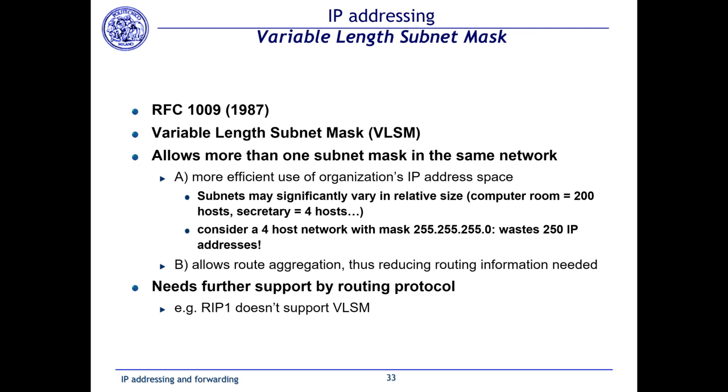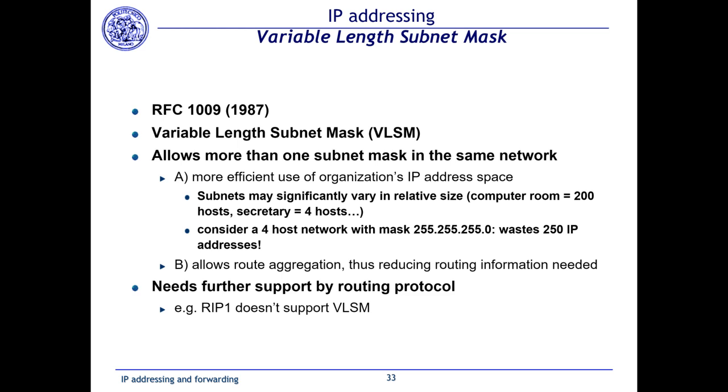Let's say that you are using subnetting with an extension to 24 bits. You can create subnets of size 256, all of size 256, which is good for the computer room, but very much oversized for the secretary office.